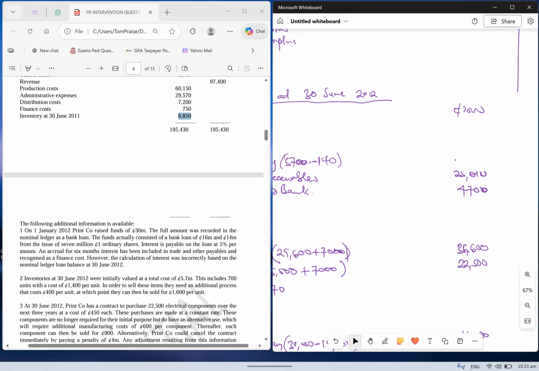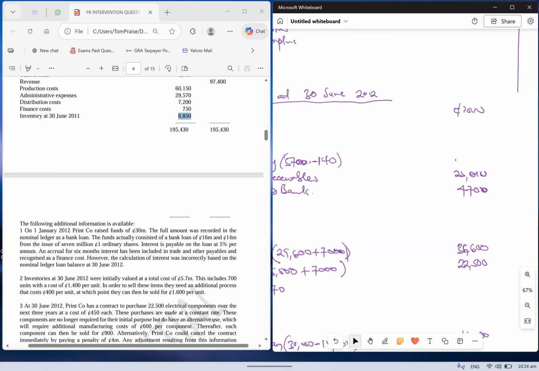Let me see. At 30th June 2012, Printco has a contract to purchase 22,500 electrical components over the next 3 years at a cost of 22,450. So let's do the multiplication.